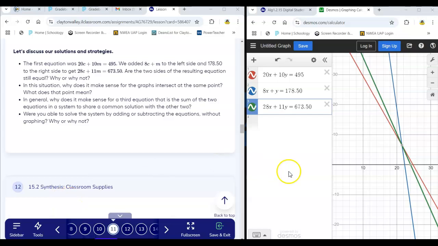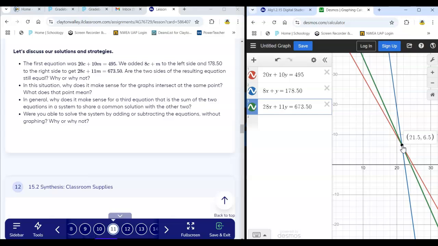So look at this, young people. We graph this after we added the two together, and look what we get. The same solution as we did before. Why do you think that is? Think about that.